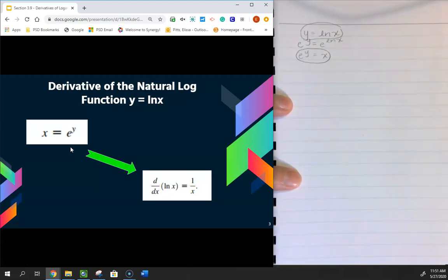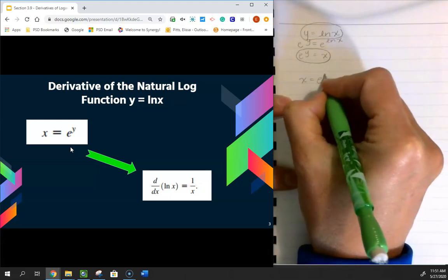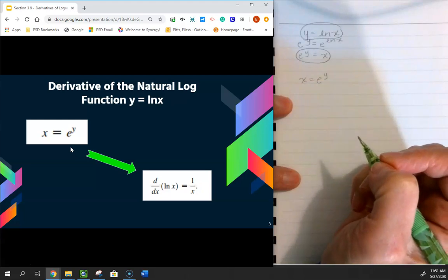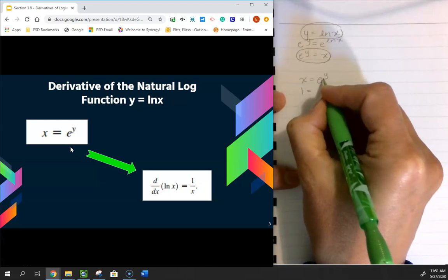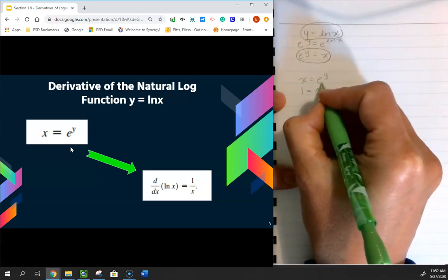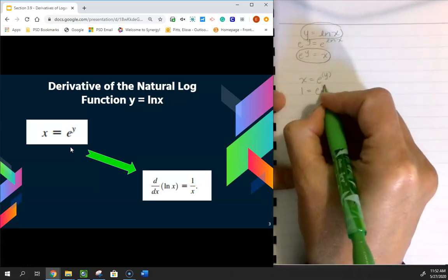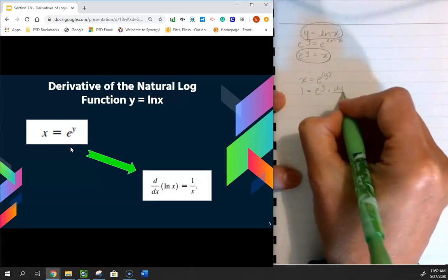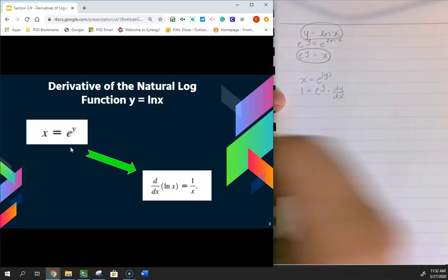So let's start with x equals e to the y, and let's use implicit differentiation to find the derivative of that. Derivative of x is just 1. Derivative of e to the y is e to the y, but now I need to take the derivative of the inside. The inside is y, so the derivative of that would be 1, but since we're taking the derivative with respect to x, we would get a dy dx.